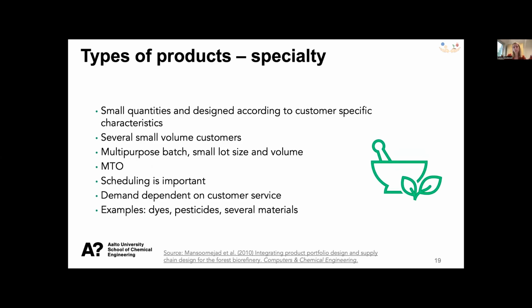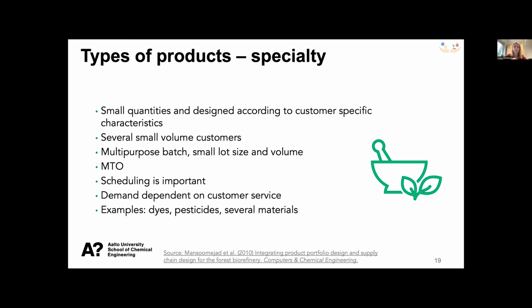And then we have the specialty ones, which is the last category. And of course, there are some overlaps and merges among them, but this is really make to order. I knock at your door, and I want you to make something special for this new type of product that I'm making. So it's very small quantities, according to consumer-specific characteristics. You have several small volume customers. It's about scheduling. It's about delivering at the right time.